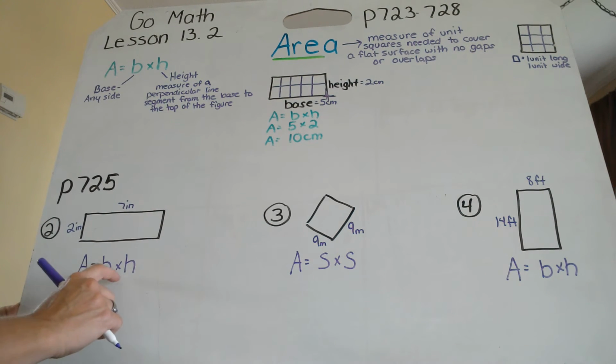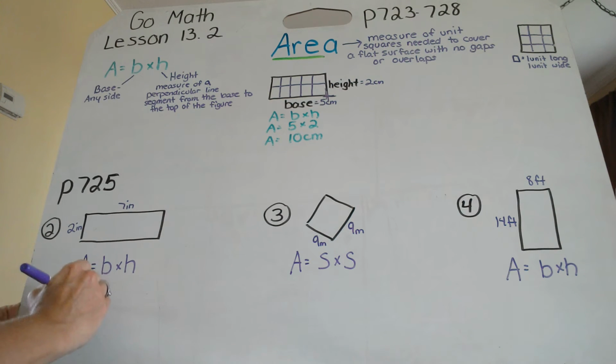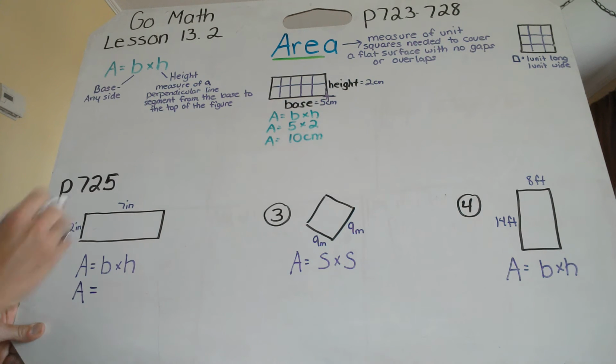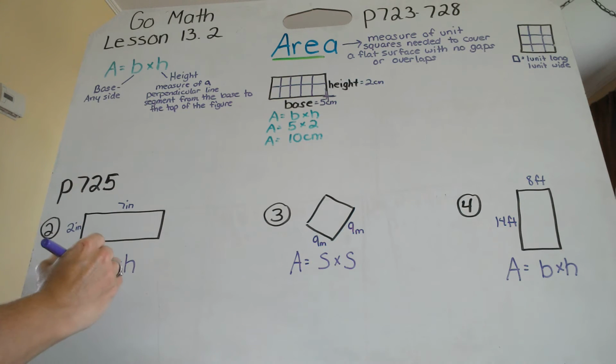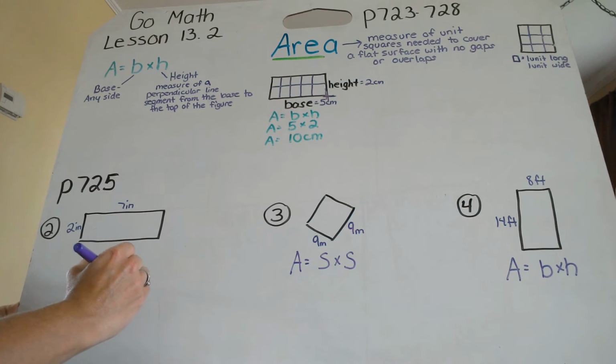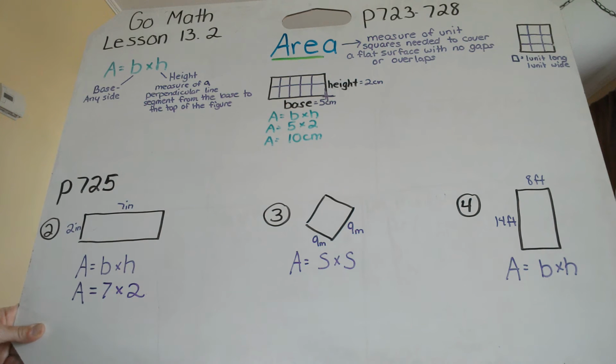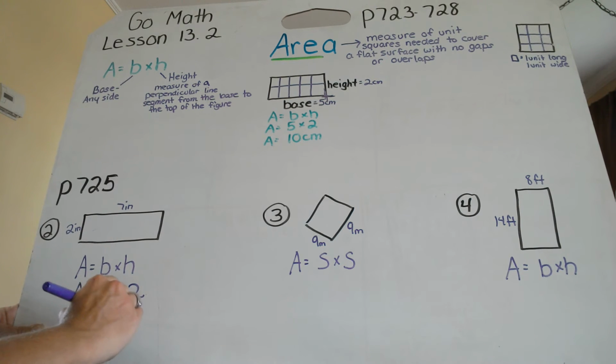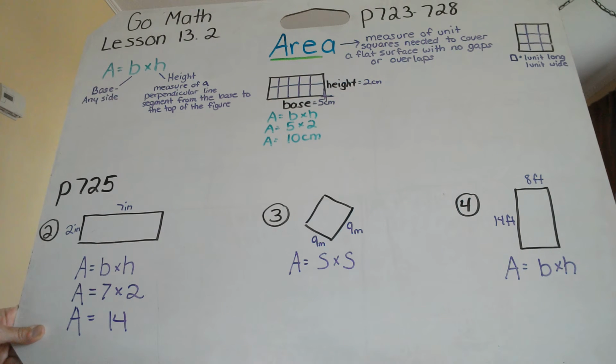So if area equals base times height, area equals, plug in your numbers that you know, or your measurements that you know, and it is 7 times 2. Everybody, what's 7 times 2? Absolutely. It is 14, and what is your label here?